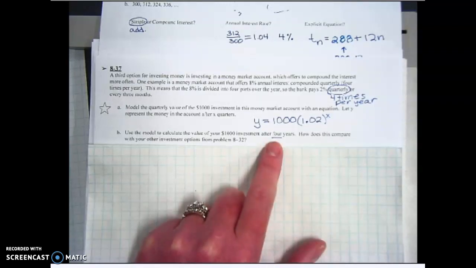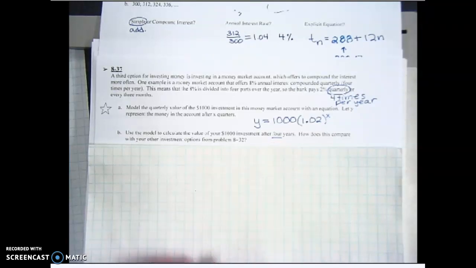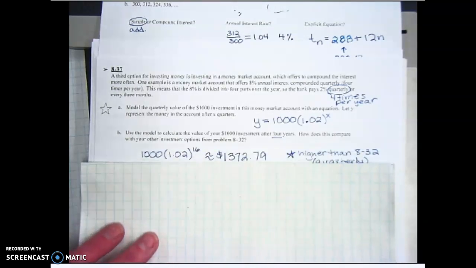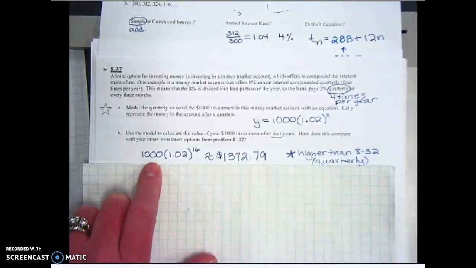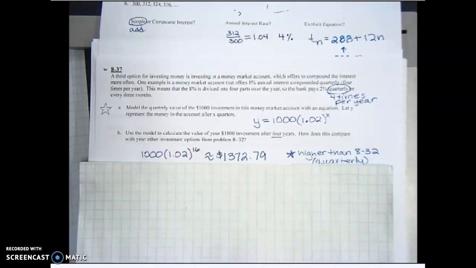Okay, so if in 1 year it calculates 4 times, how many times is it going to calculate in 4 years? 16. 4 times 4 is 16, right? All right. So we're going to take the 1,000 and we're going to have our multiplier be 1.02. We need it 16 times.